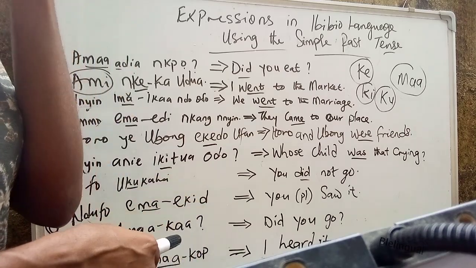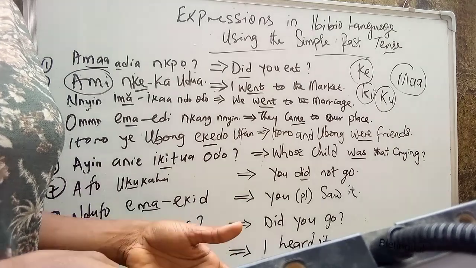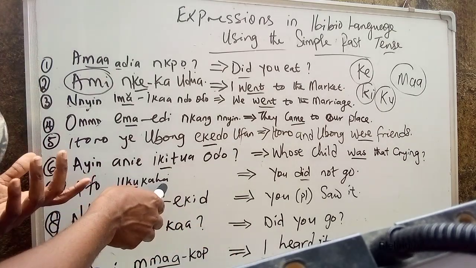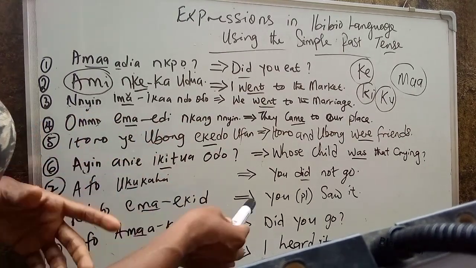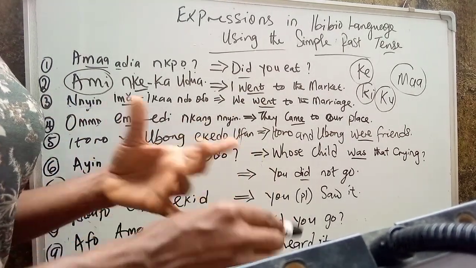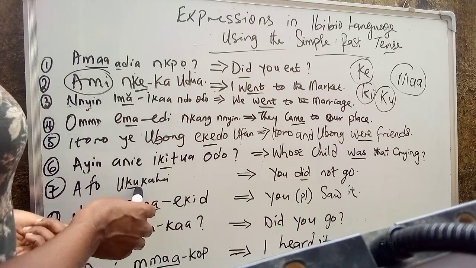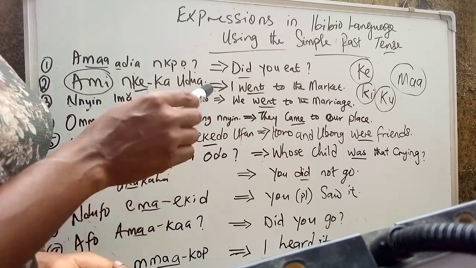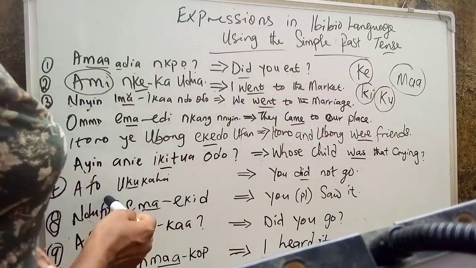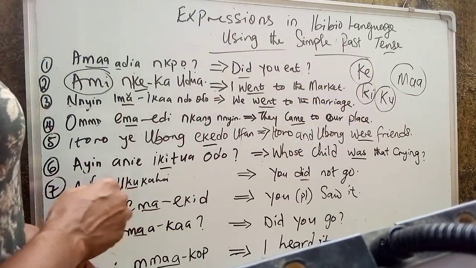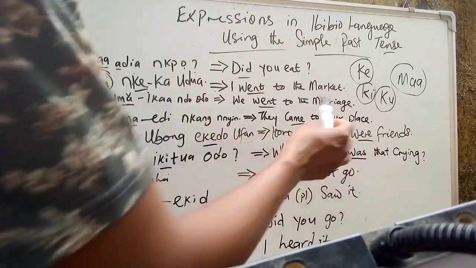So maybe in a subsequent lesson we'll look at expressing negations in Ibibio language. So that means not. You did not. So the ko here is the past tense marker that has been assimilated to this other sound. Afo ukukara, that means you did not go.